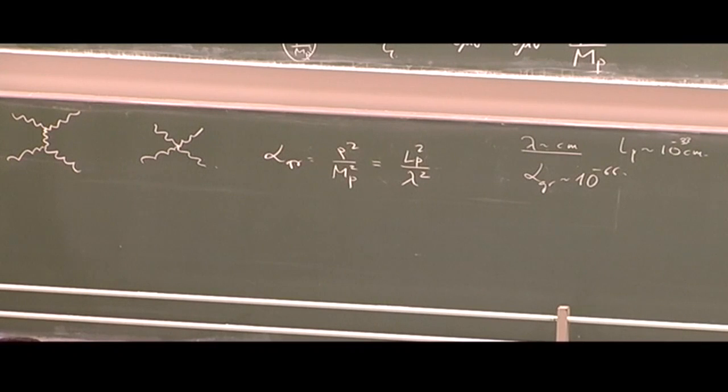There are certain corrections that you can interpret as effective corrections to the gravitational coupling, but it's not helping you in unitarizing the theory.